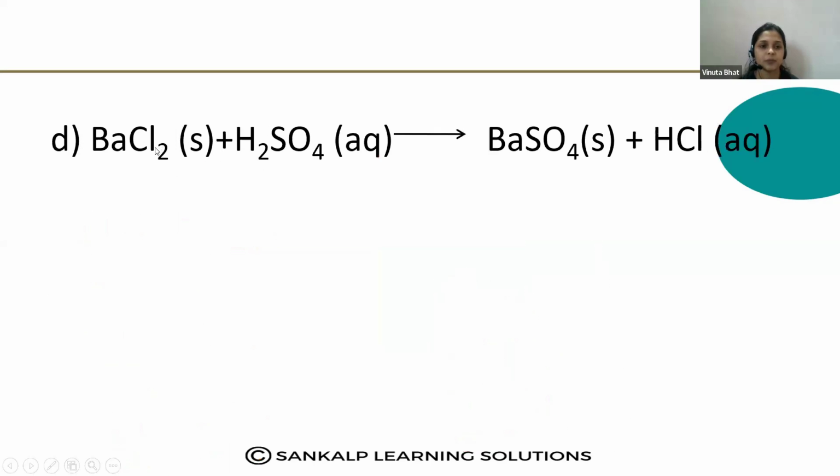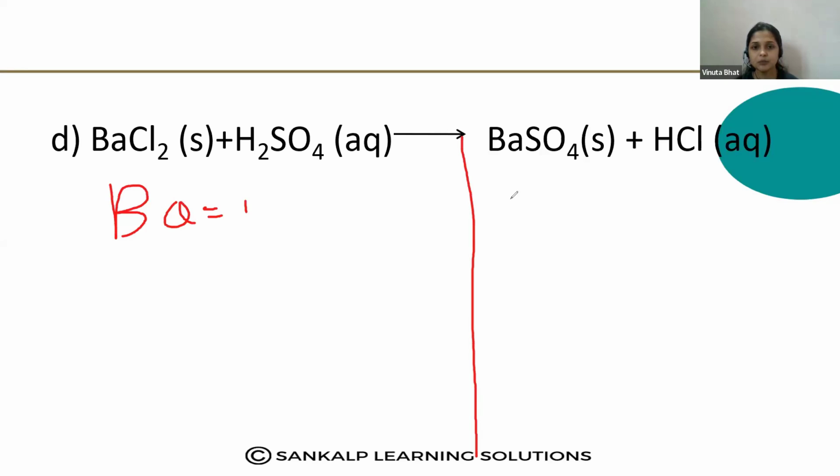Next question. Barium chloride reacting with the sulfuric acid, forming barium sulfate plus hydrochloric acid, HCl. So let us balance this reaction. Barium is the same in both, and chlorine is 2 in the reactant, and here only 1.